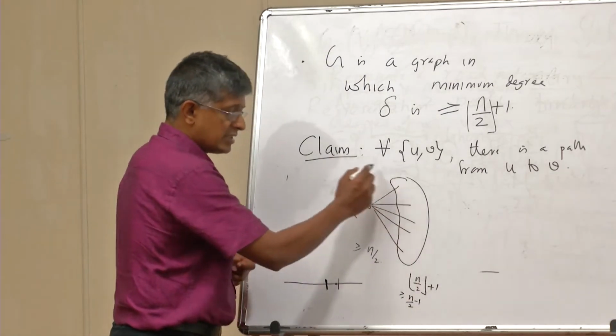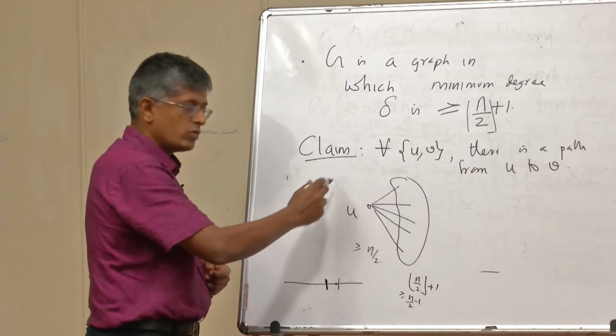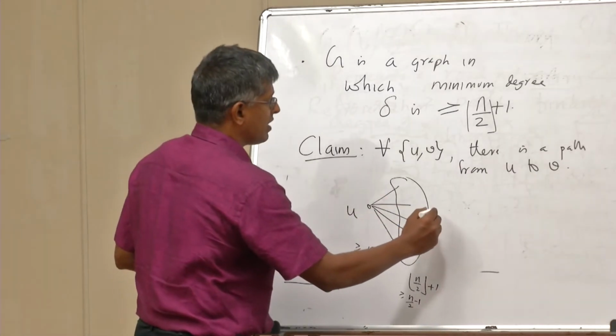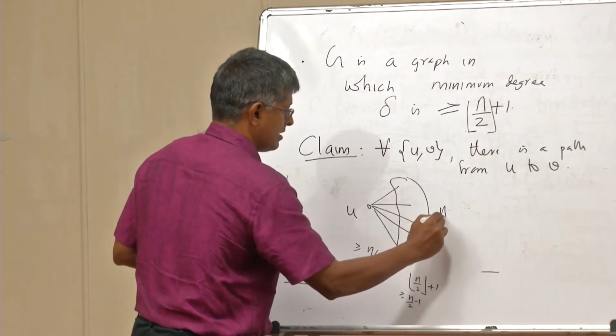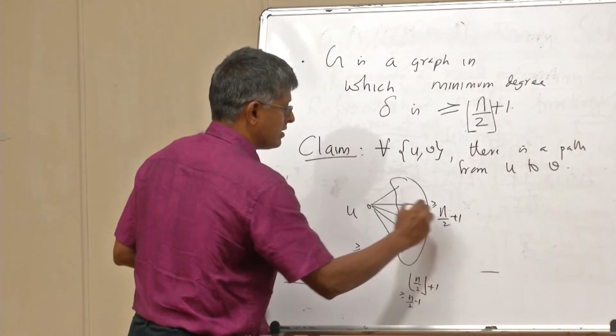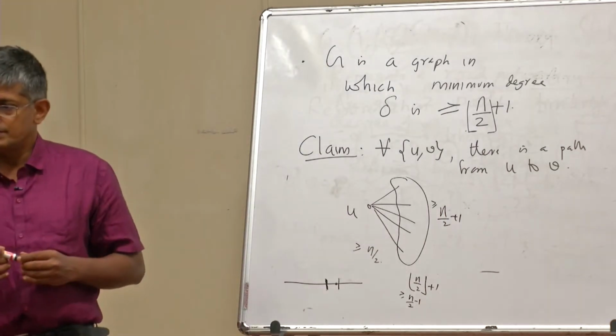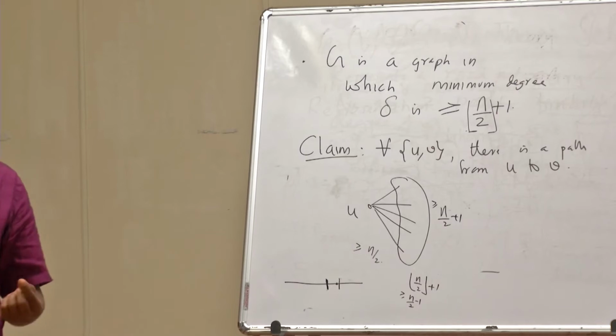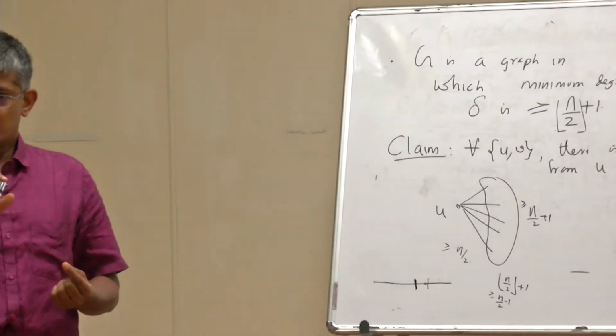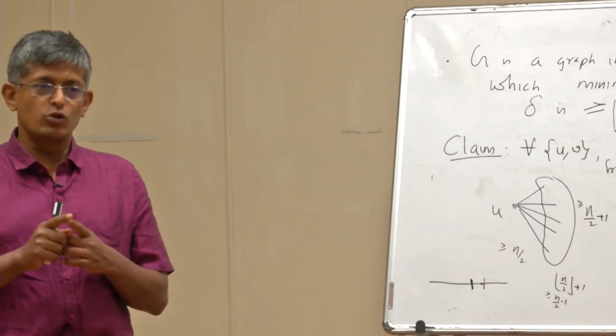plus 1. So therefore, how many vertices do we count here? The total number of vertices that we count here is at least n by 2 plus 1. Just looking at an arbitrary vertex and its neighbors, how many neighbors are there? Floor of n by 2 plus 1.